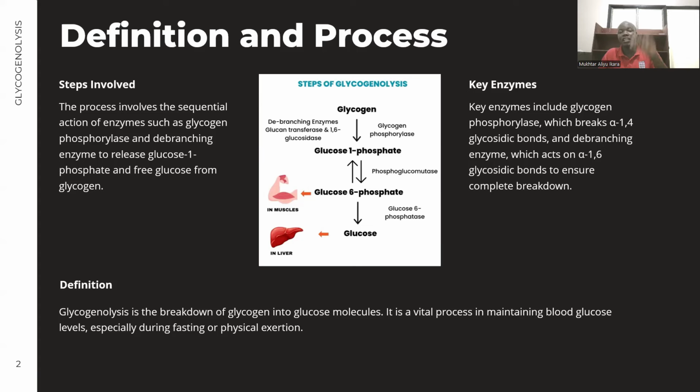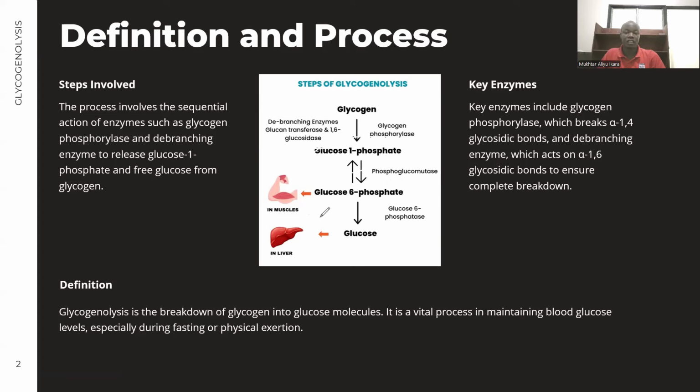And after that, the glycogen phosphorylase will break down the glucose from the glycogen, and you now generate glucose 1-phosphate. After you have the glucose 1-phosphate, it can easily be converted to glucose 6-phosphate.